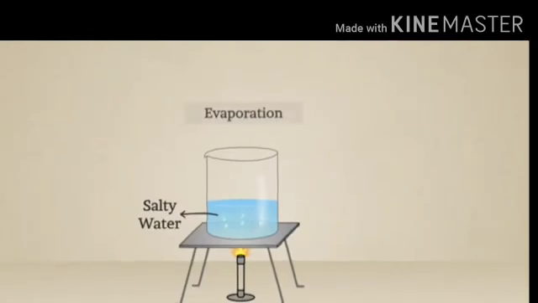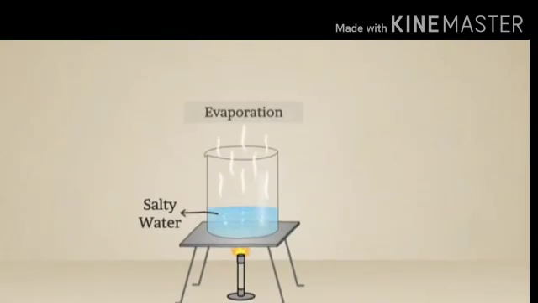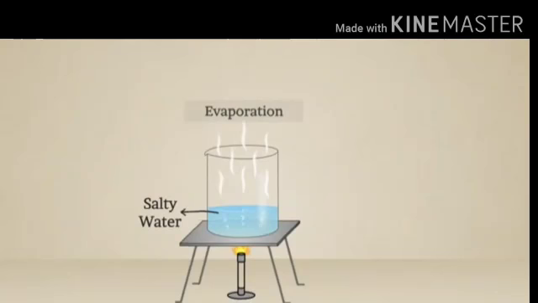When all the water gets evaporated, then salt is left behind in the beaker in the form of solid state. This process of separating salt from water is known as evaporation.